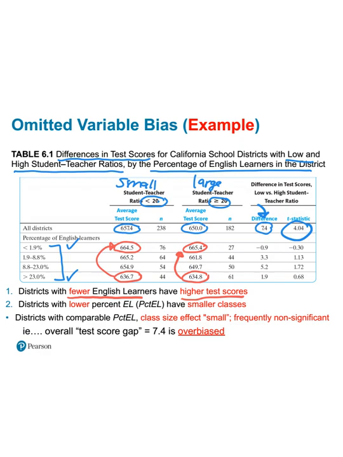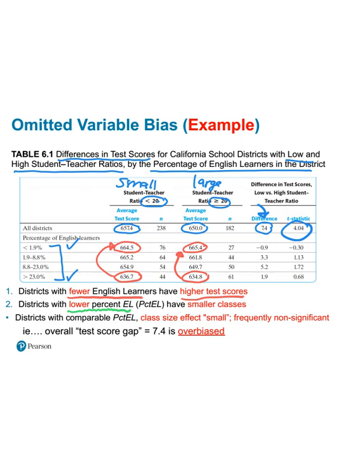So is it true then for, let's change colors, let's say green, for districts with lower percentage of ESL learners, do they indeed have smaller classes like we kind of stipulated? Right? Because we said that places with lower ESL percentages are typically more affluent and more wealthy on average, and wealthier districts typically have smaller classes.